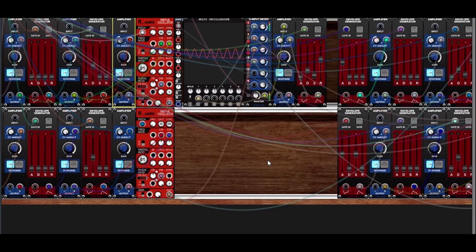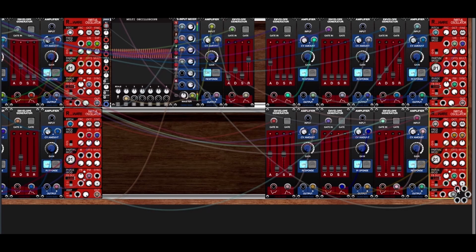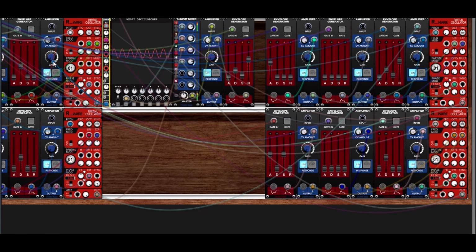Ah, come on, the wrong scroll key. And the output of the mixer to the phase modulation input of operator 1. But now the modulation is a bit too strong, so I reduce the mixer channels amounts. Yeah, that's okay.